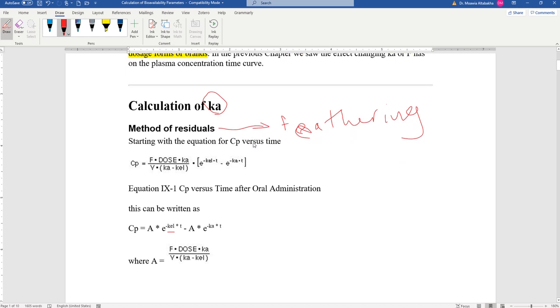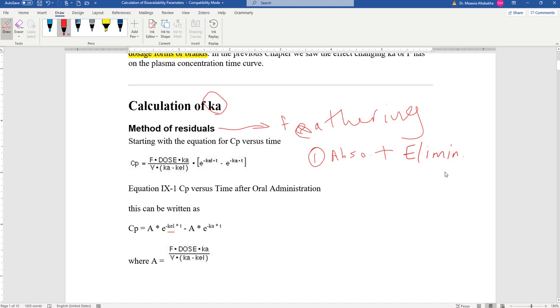In order to use this method of residuals, there are conditions that must be satisfied. The first condition is that absorption and elimination, both processes, are first order.